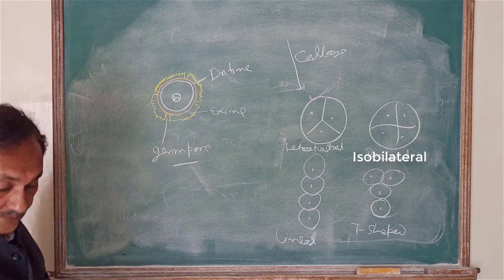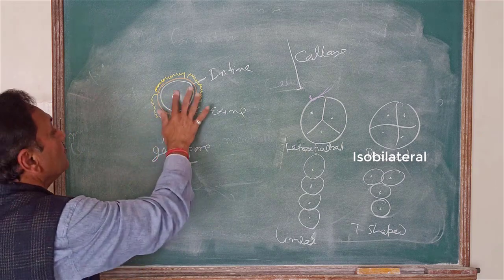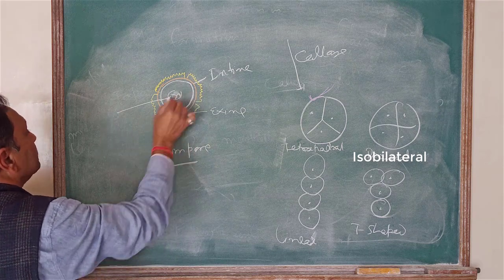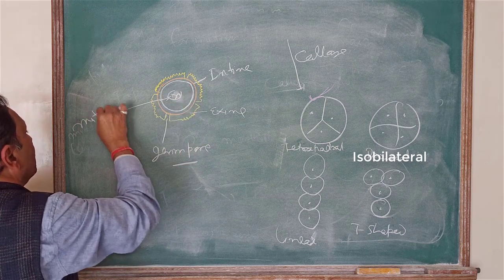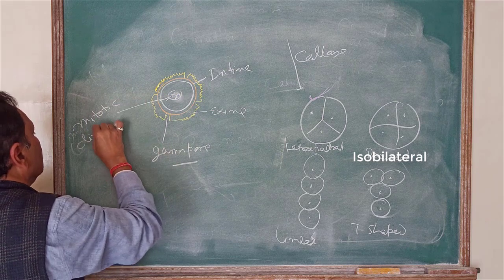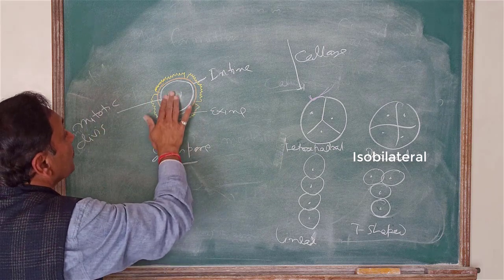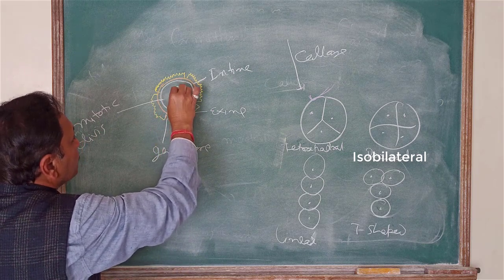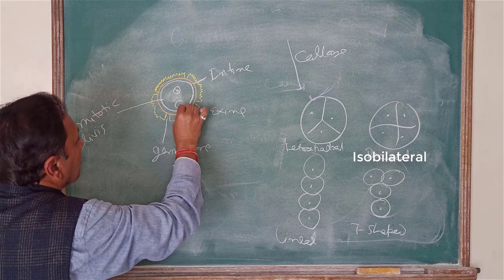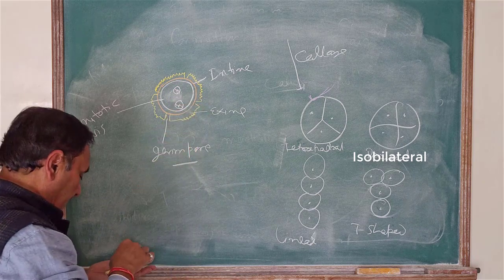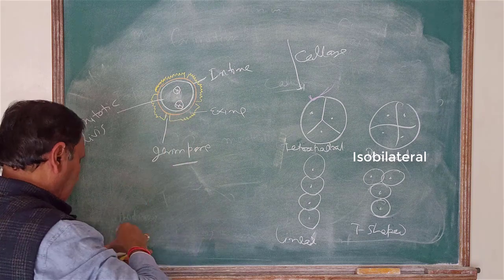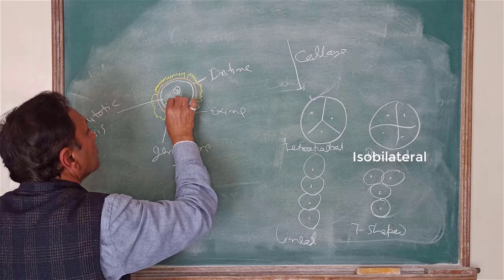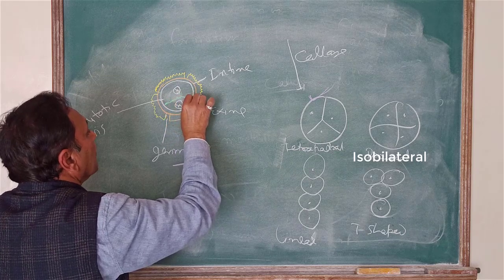After some time, it has been observed that there is a mitotic division of this haploid cell, and two cells are formed, one at this position and another at this position, separated by a layer, also called the callose layer.